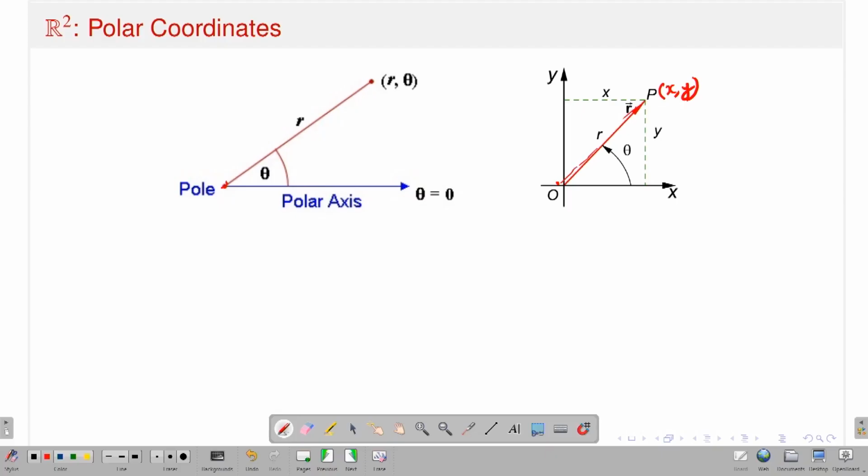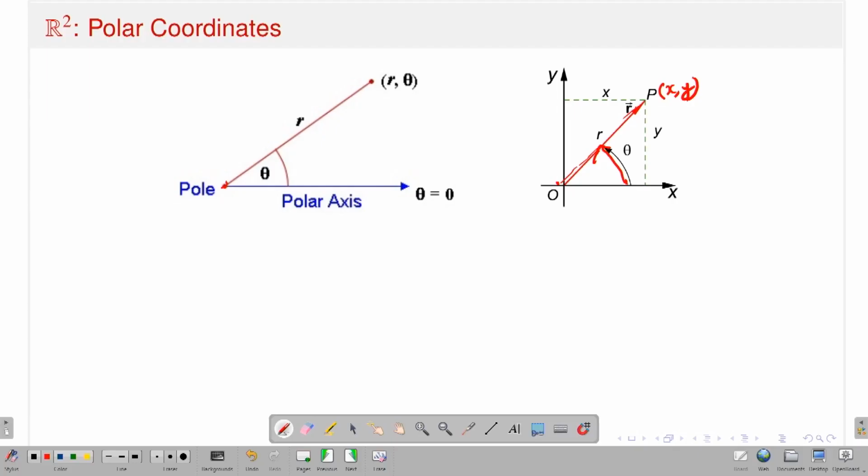The number r, the directed distance from O to P, is the magnitude of the vector. The second number theta is the directed angle from the positive real axis, the polar axis or initial ray, to OP. So r comma theta is called the polar coordinates of the point P.